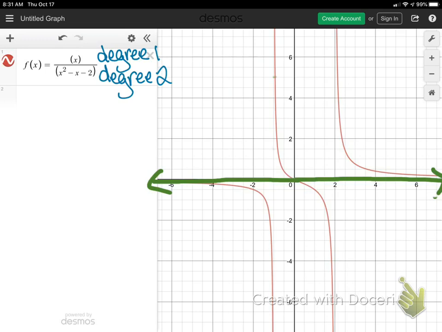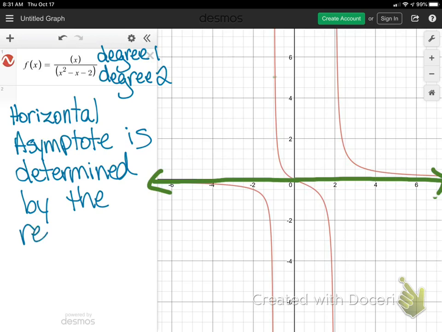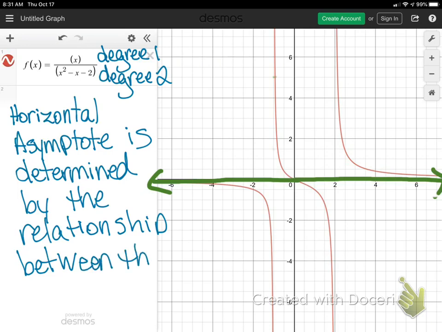My horizontal asymptote is dictated or determined by the relationship between the numerator and the denominator. So the horizontal asymptote is determined by the relationship between the numerator and the denominator.